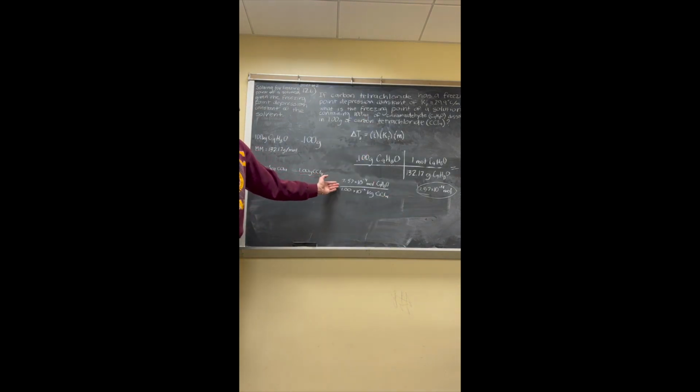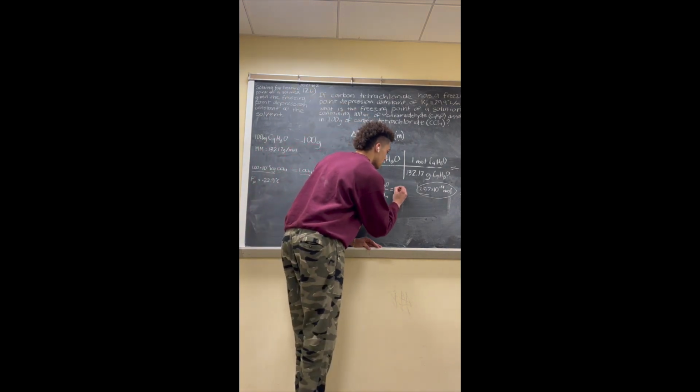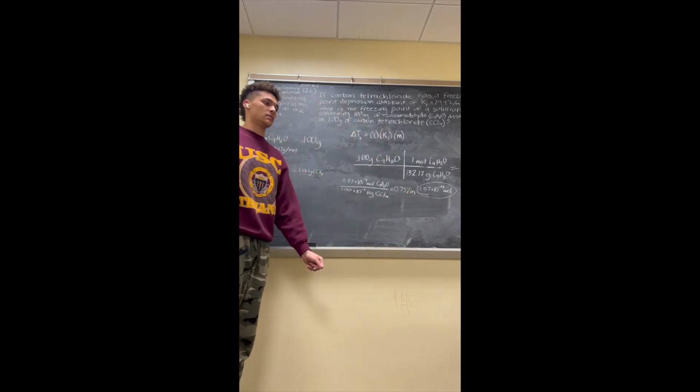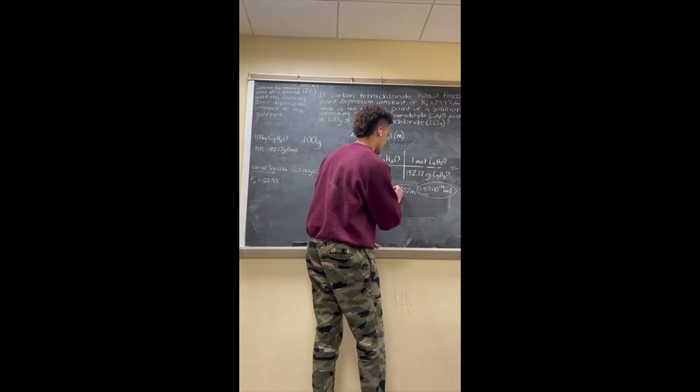So then now we have moles over kilograms, which will give us 0.757 little m for molality, right? So now we have molality.